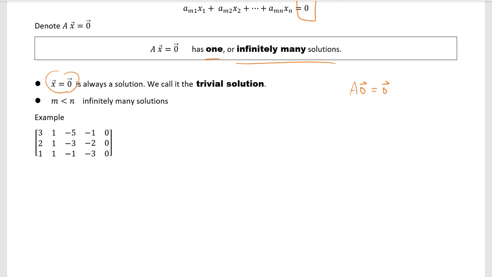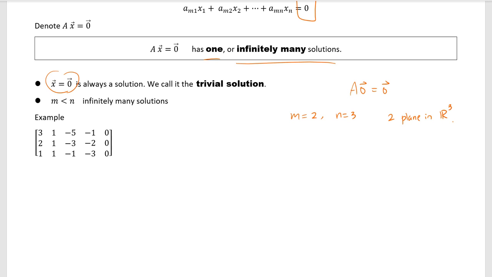And what happens if m is less than n? Well, think about some example. If m less than n, let's say m equals 2, n equals 3, then we have two planes in R3.